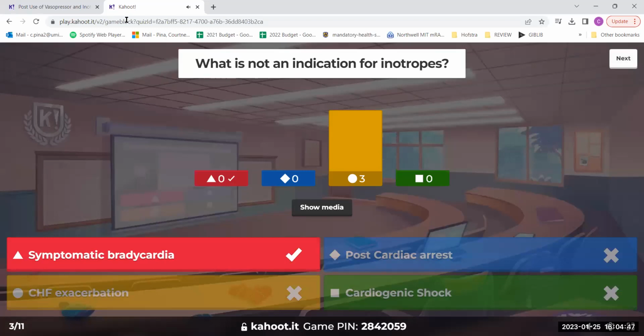So remember that when you're having inotropes, Dr. Jafari, you want to talk a little bit more about this one?